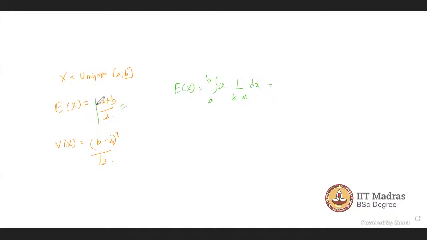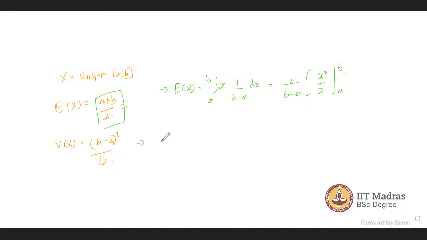Sir, only 1 by b minus a dx, no, sir? After integrating, it will be x. Yeah, it would be x square by 2. Sir, is this for expectation or variance? For expectation.